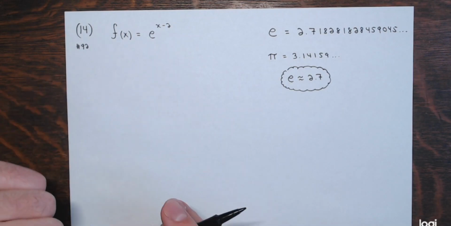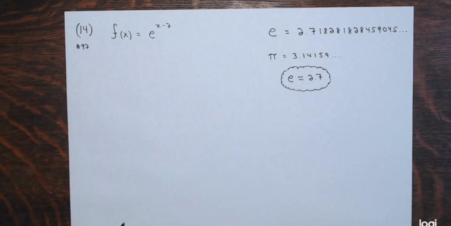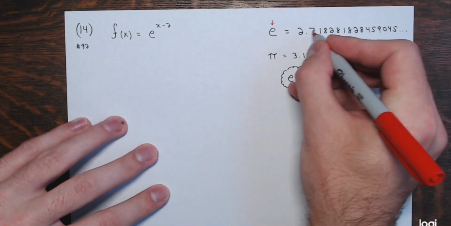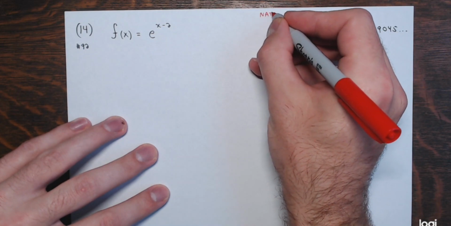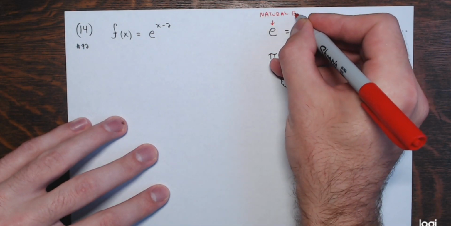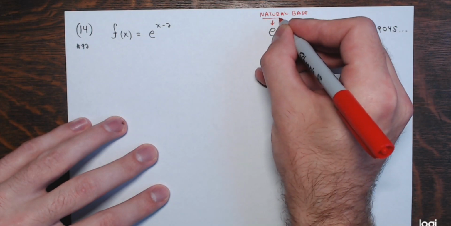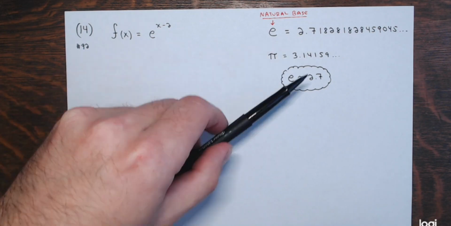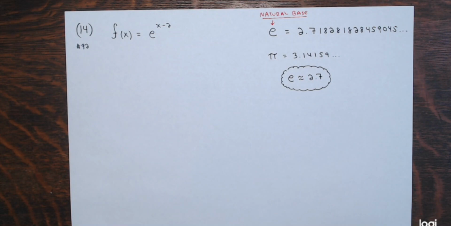This number e is sometimes called the natural base, for reasons you'll understand much more when you take a calculus course. So I'm not going to get into why it's referred to as the natural base right now. But all I want you to do is know the value of e is about 2.7, or 2.718, at least a couple decimal places.